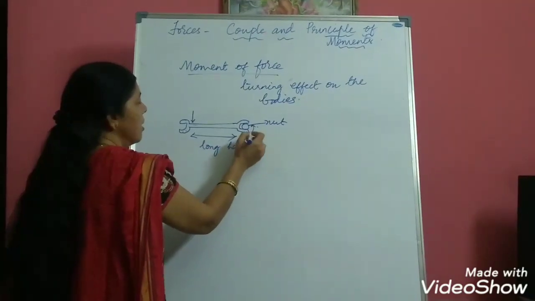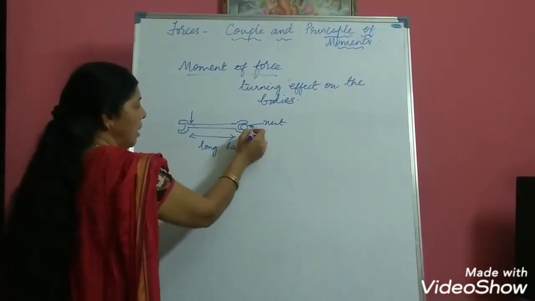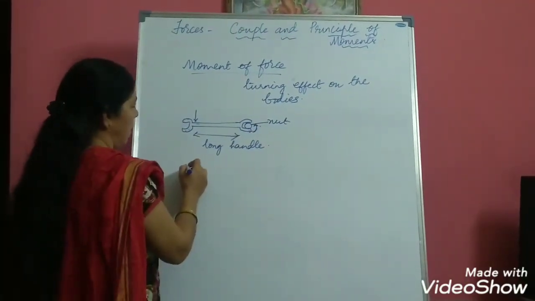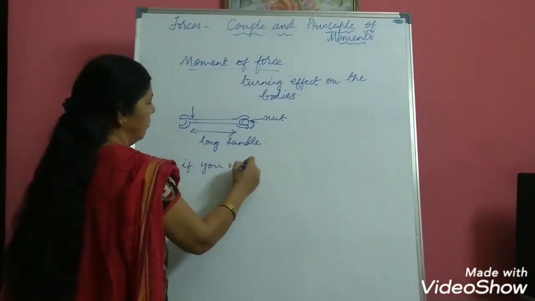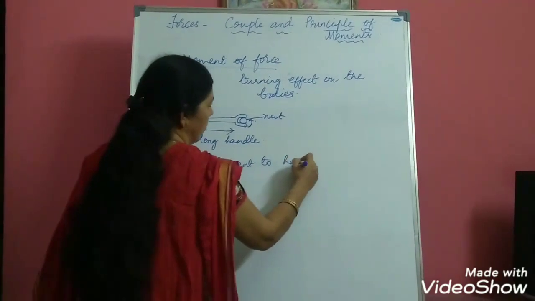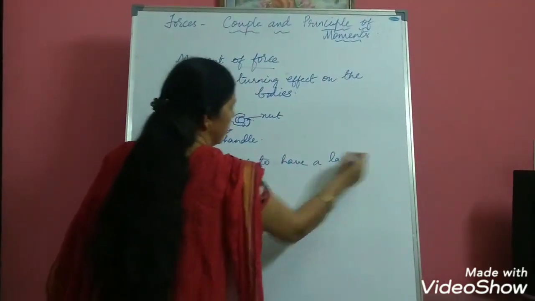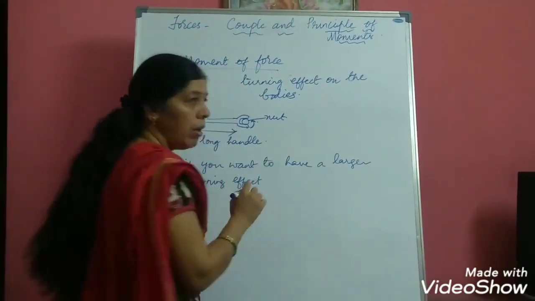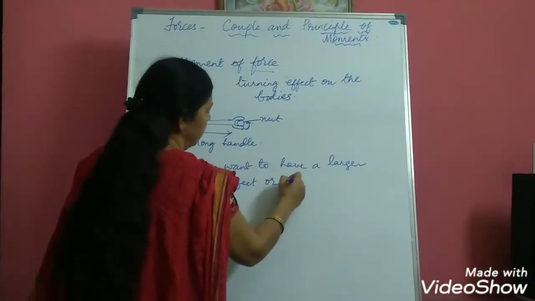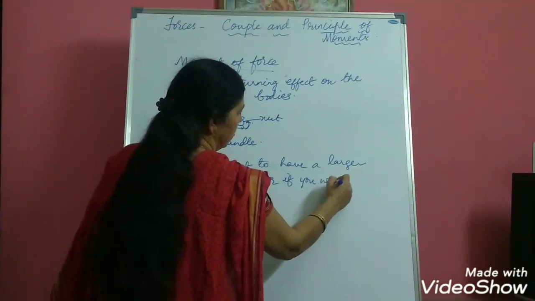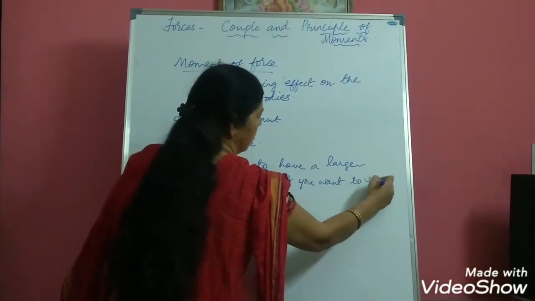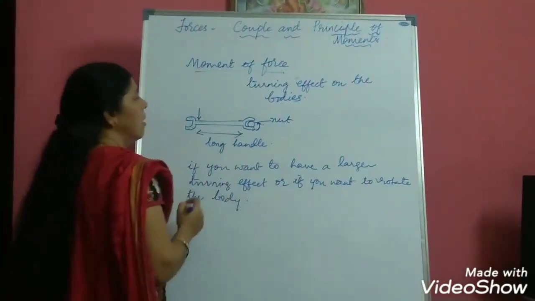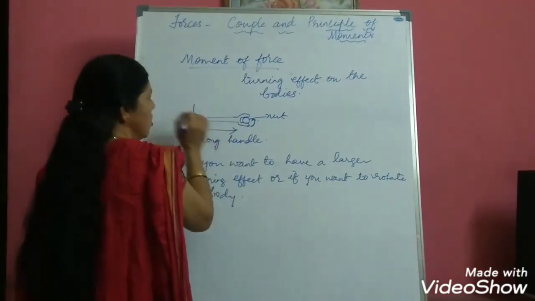Now, here we are discussing only about turning effect. The body will have a turning effect. But if you want to have a larger turning effect, or if you want to rotate the body, then in this case one force is not enough.